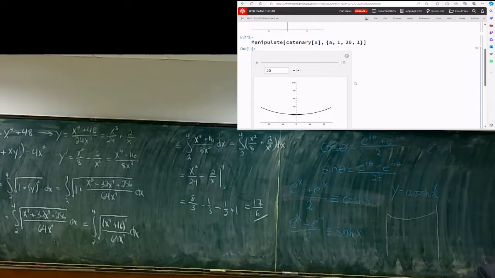So this is the length we're going to find. We're going to find a formula for the length of an arbitrary catenary curve. Obviously, though, for the actual calculus and calculations, I'm going to have to use a over 2 times the quantity e to the x over a plus e to the minus x over a, because we didn't study the hyperbolic functions in this course.